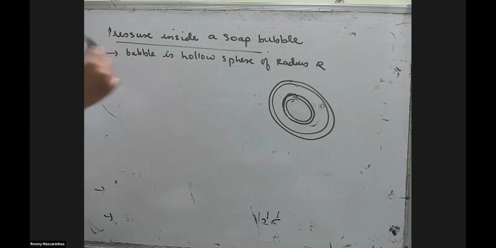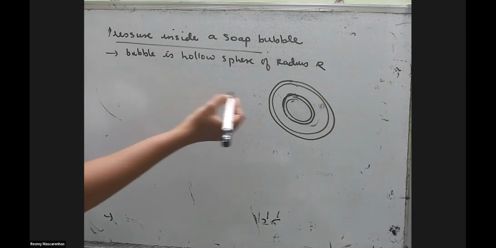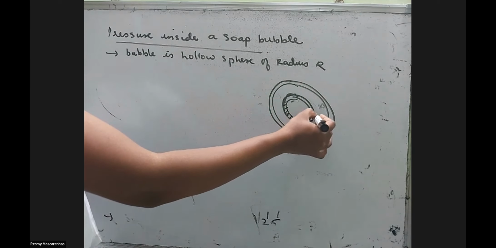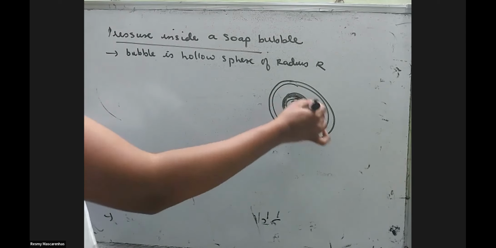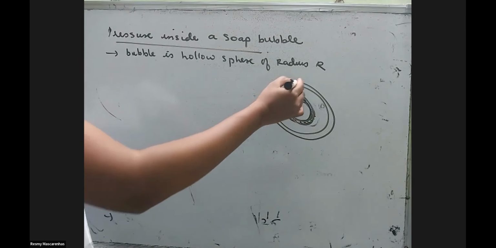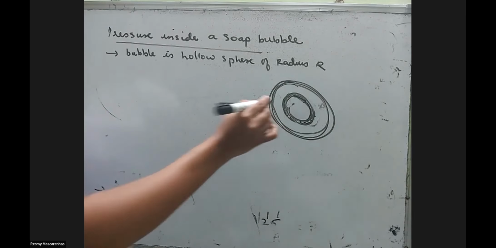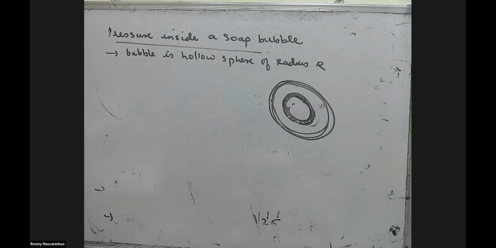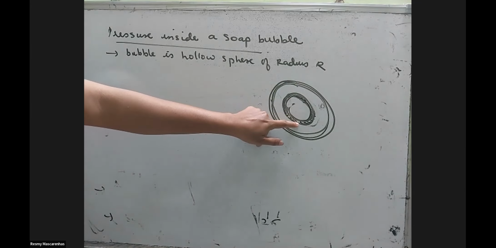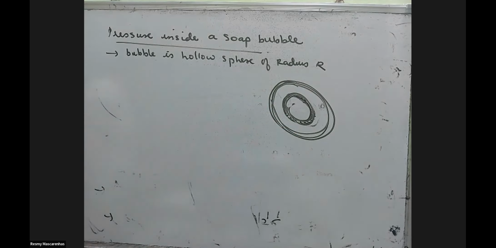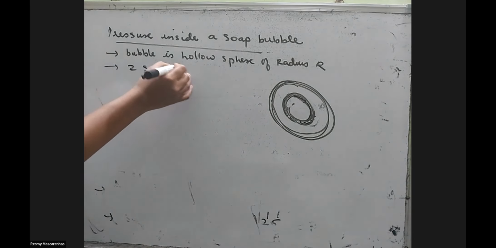I told you there are two surfaces. If the first surface is increasing, then even the second one increases, and they are considered almost equal in length because the layer is very thin. So two surfaces are increasing simultaneously, S1 and S2. Two surfaces are to be considered.